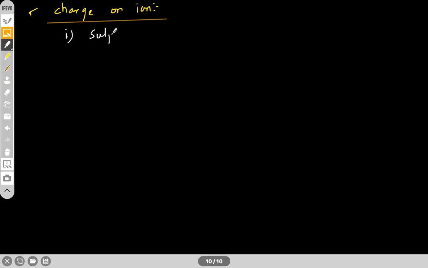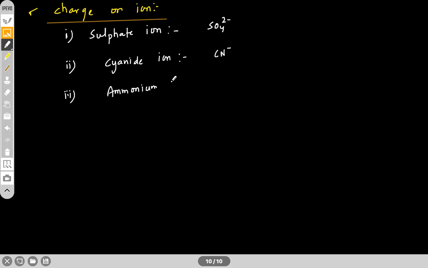Sulfate ion is SO4 2 minus. Cyanide ion is CN minus. Ammonium ion is NH4 plus. Oxalate ion. You know what oxalic acid is?